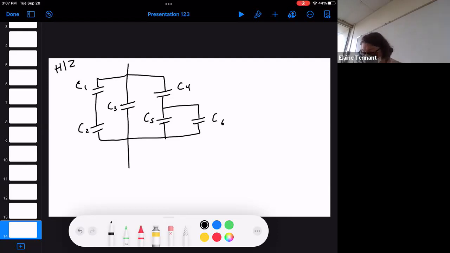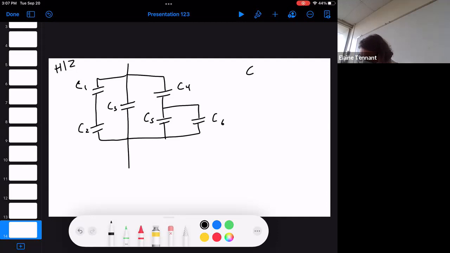When you run into one of these situations, what you have to do is make it simpler. So looking at this set of capacitors, are any of these truly in parallel or in series? C1 and C2 are truly in series.